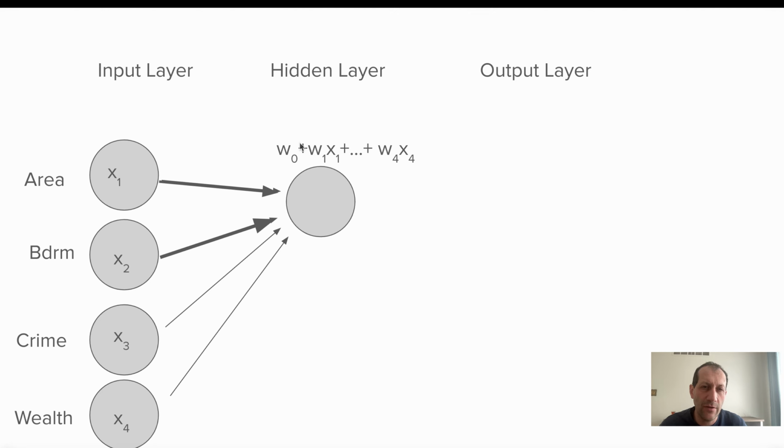And if you think about what these W's really represent, they signify how much each of these inputs contributes to the prediction. So W1 times X1 plus W2 times X2, right?